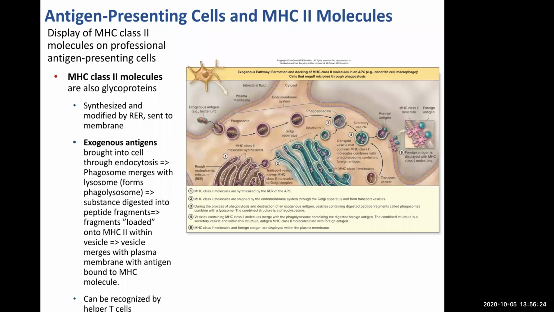T helper cells, if they recognize foreign antigen in the context of MHC2, they don't directly kill the cell. They release cytokines that activate the immune response against the specific antigen that has activated that T helper cell, right? So again, exogenous antigens are presented by MHC2, and endogenous antigens, coming from within the cell, are presented on MHC class 1.